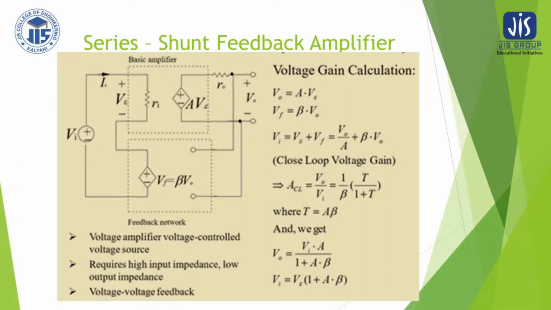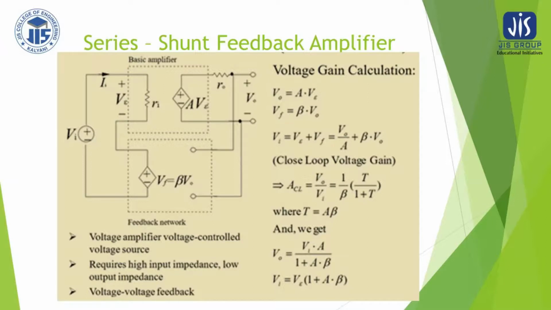So this is the overall gain due to feedback, which is AV divided by 1 plus AV beta. Therefore the voltage gain without feedback for the basic amplifier is AV, which is reduced by the quantity called the desensitivity factor, which is 1 plus A beta. So here it is also proving that the overall feedback gain has been reduced by the factor 1 plus AV beta. So this is about the feedback gain of the voltage amplifier.